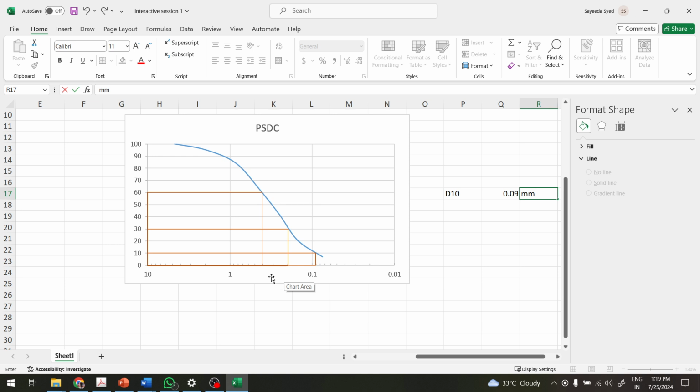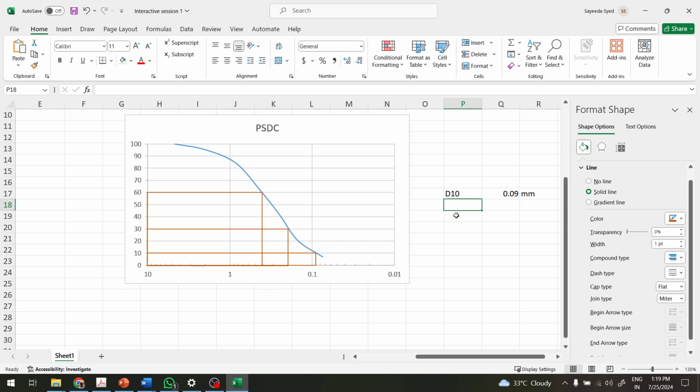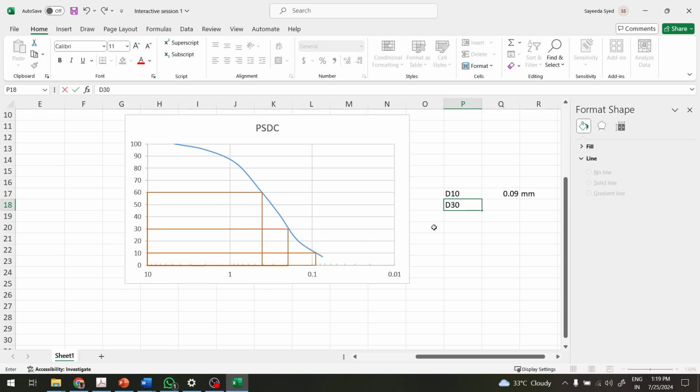This is 0.1, 0.2. Do we have a tick mark there? Yes, we do. So D30 will be 0.2 mm, and D60. Let's see where D60 is crossing. This is D60.